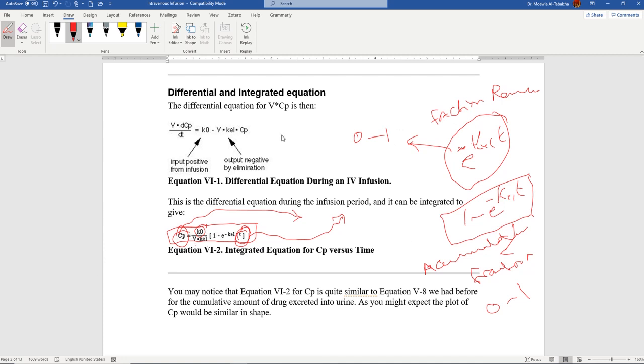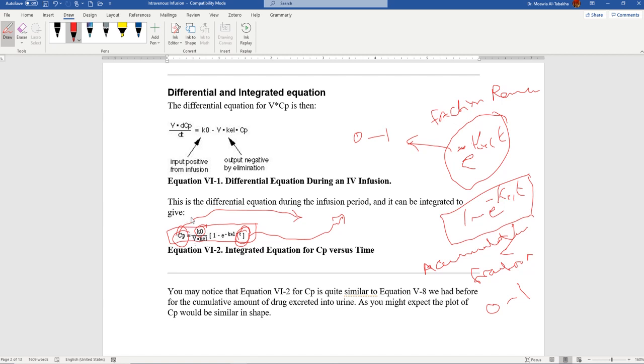Notice the following. At time 0, e to the power of minus KL times T becomes e to the power of 0, which gives us 1. 1 minus 1 is 0. 0 multiplied by this constant, K0 over V of KL, everything is constant, and if I multiply 0 by anything, I get 0.